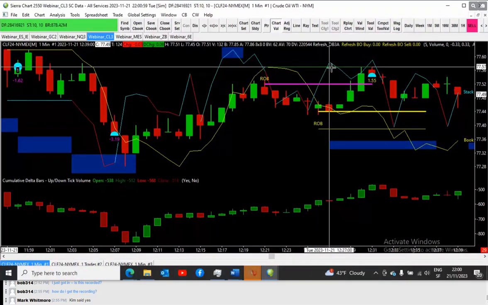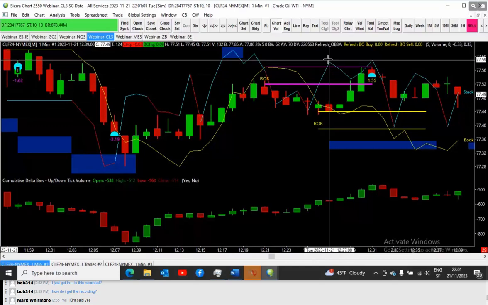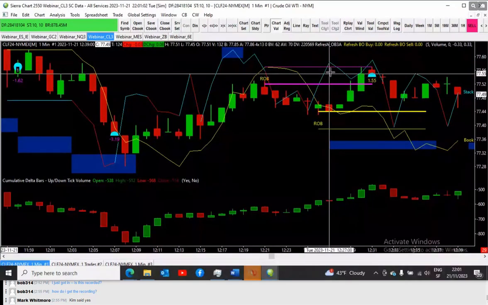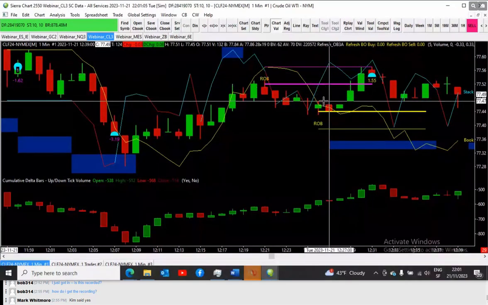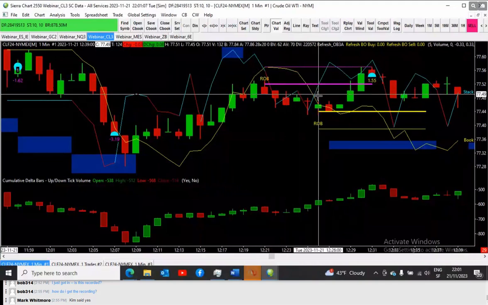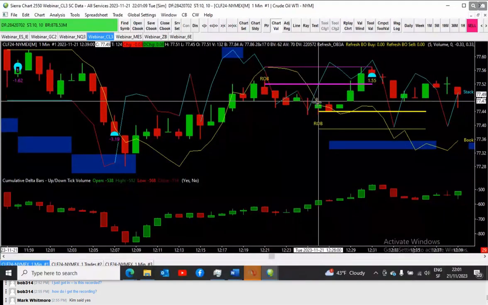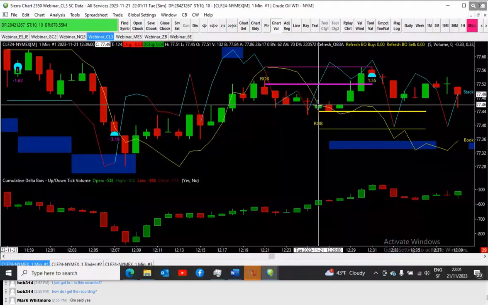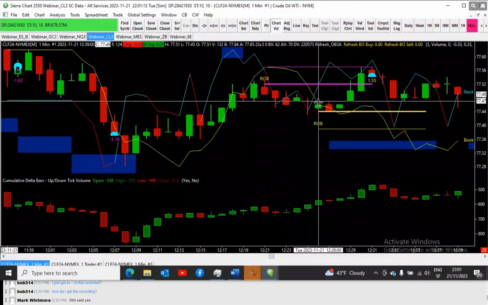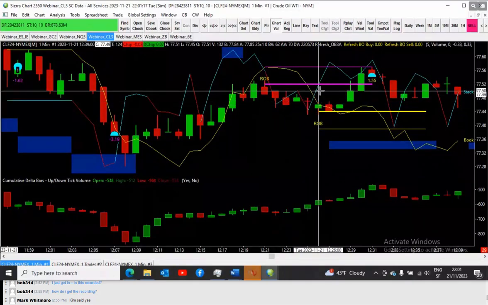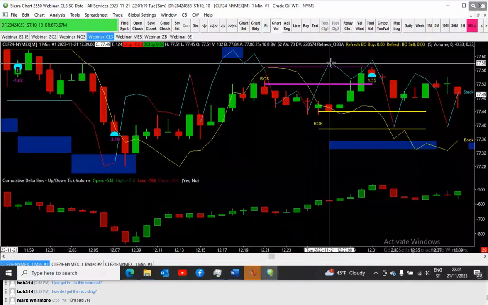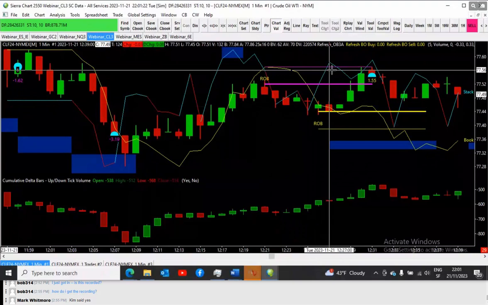And again, with the stacking moving up, it's probably a safe trade. Notice that the book near term, so closest to the price action, is actually going down. It's a bit bearish at that stage, but the overall activity on the book is bullish.